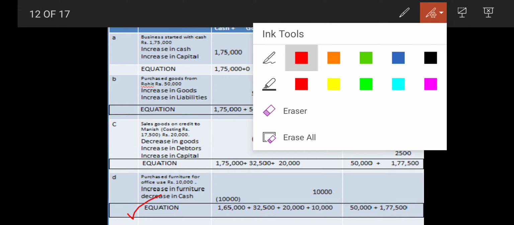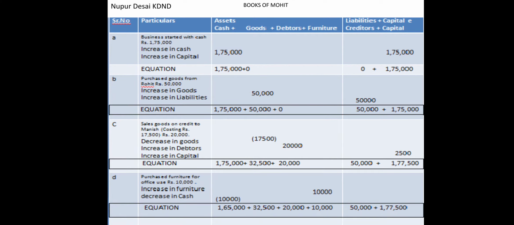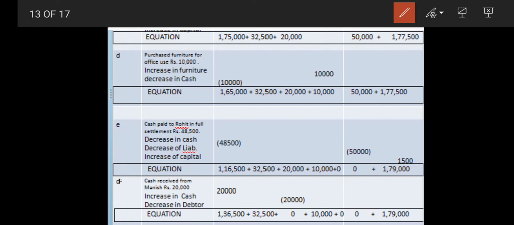If you are doing it in a book and you are turning to the next page, you again have to jot down that equation so that continuity remains. So you can see over here I had copied down the same equation first, and then I am doing the next transaction. Now, purchase furniture for office use, rupees 10,000. This transaction you don't have to copy again, you just have to copy the same thing. I have by mistake repeated D.